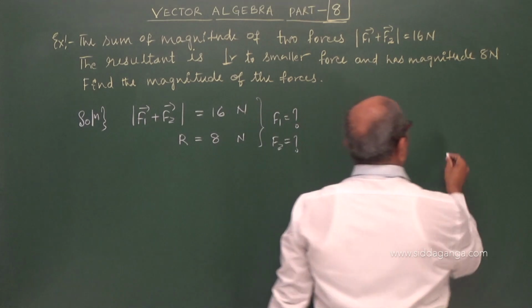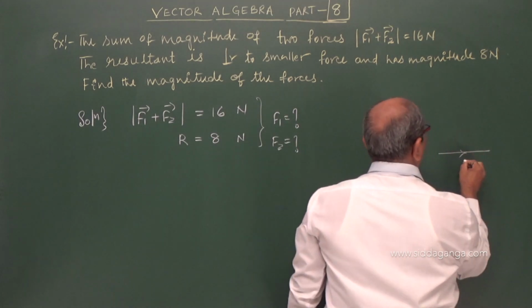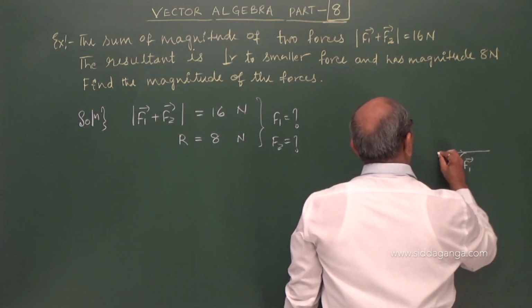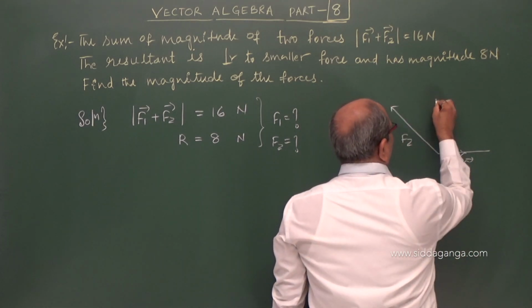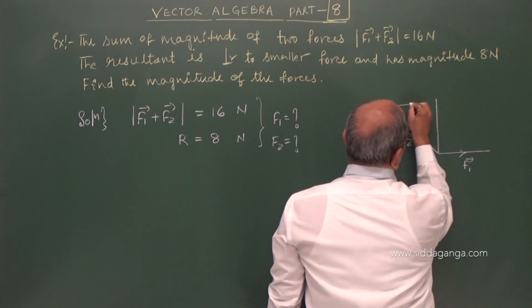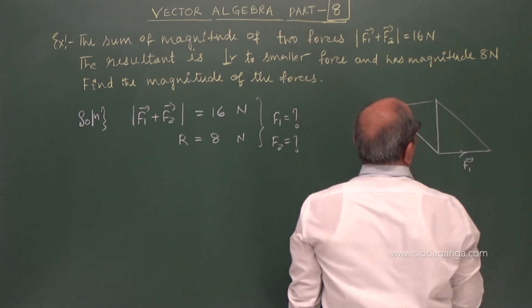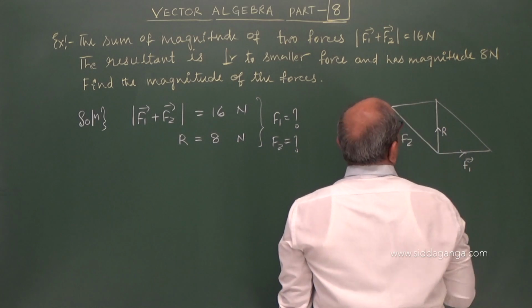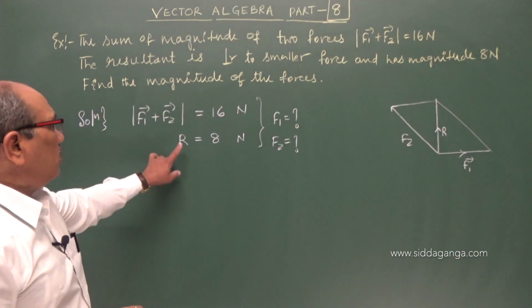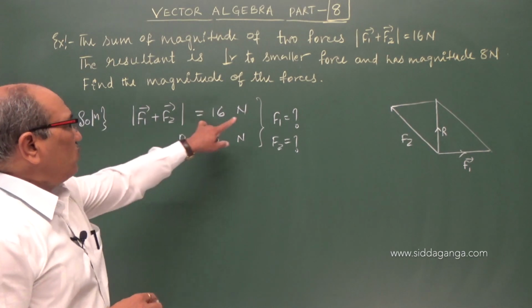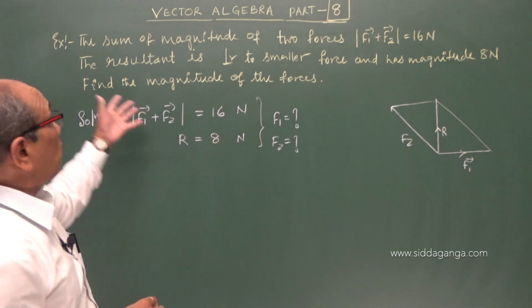If I take one force in this direction and the other as F2, the resultant is perpendicular to one of them, as mentioned here. This resultant value is given. The question is to find F1 and F2.